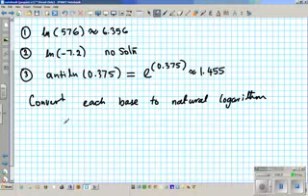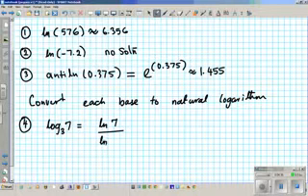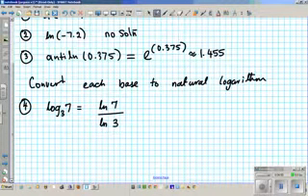Number 4. We have log base 3 of 7. So this one is simply ln of the number divided by the natural logarithm of the base, which is 3. Remember, there's an imaginary e right here. Those are imaginary, you don't put them. You just have to write it like this. That's good enough. That's the change of base formula.